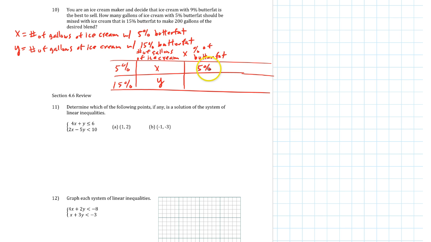That's going to be 5% or 0.05, and this one is 0.15, and that's going to equal the number of gallons with 9% butterfat.